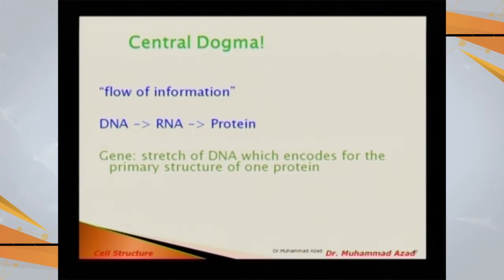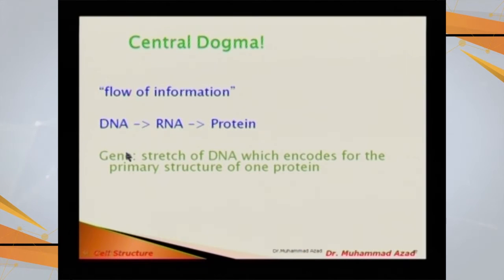So looking at some of the slides and animations of this process of translation. What this central statement says is that the flow of information is from DNA to RNA, and then from RNA to proteins. And this DNA has the information in the form of genes. What is a gene?